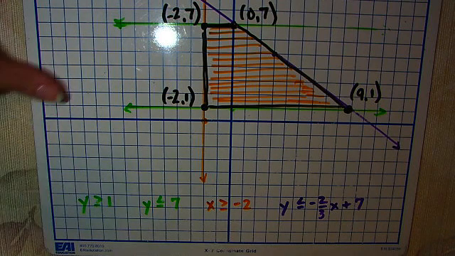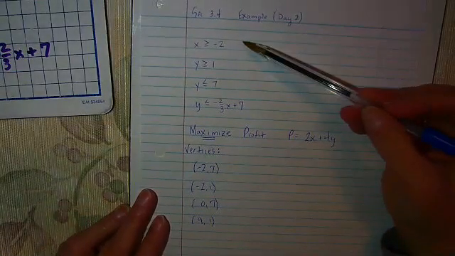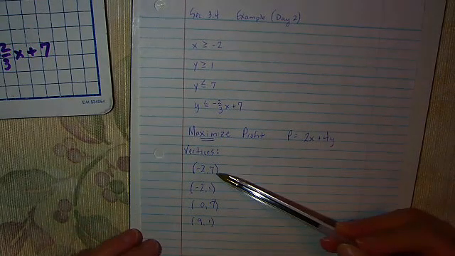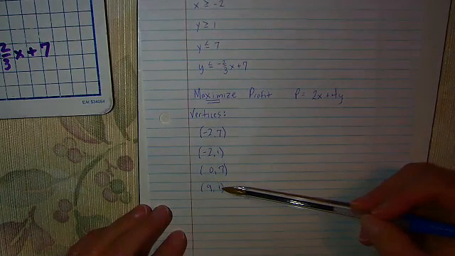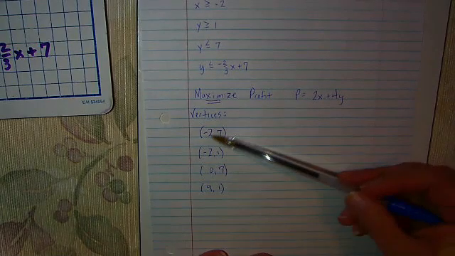These are the lines that we just graphed, and these are the vertices that we just found from our graph, the corners of that feasible, shaded region.